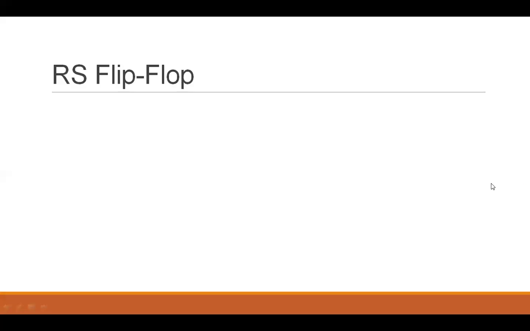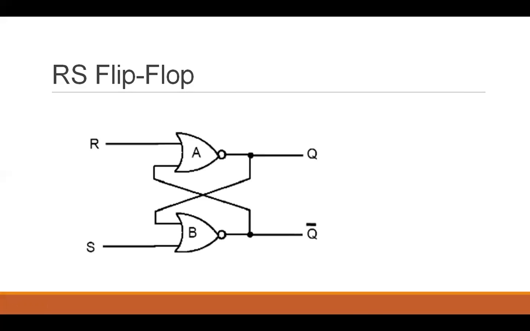So first of all, I want to talk about the RS flip-flop or the RS latch. This is the basic diagram of the RS flip-flop. In this diagram, you can see that you have two inputs and two outputs.